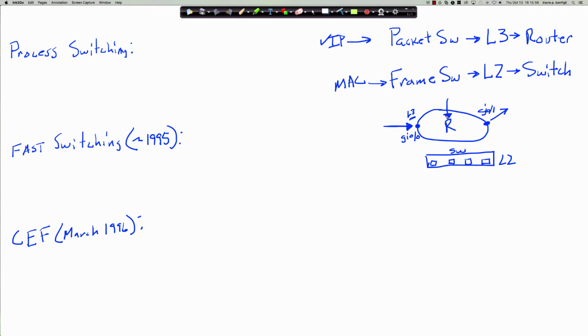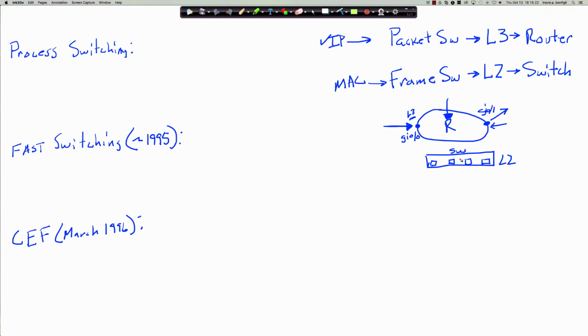And I'm going to talk a lot more about what we mean by mapping layer 2 information to layer 3 information. Because remember, this is going to go out on a wire, whether it's a serial link or an Ethernet link or whatever, and so we're going to have layer 2 header information that goes with it. And that's the switching process that takes place internally in the router.